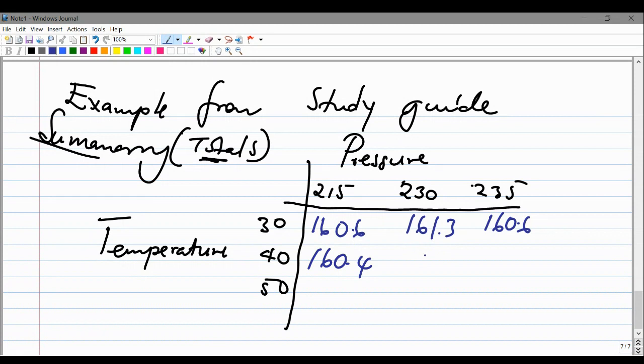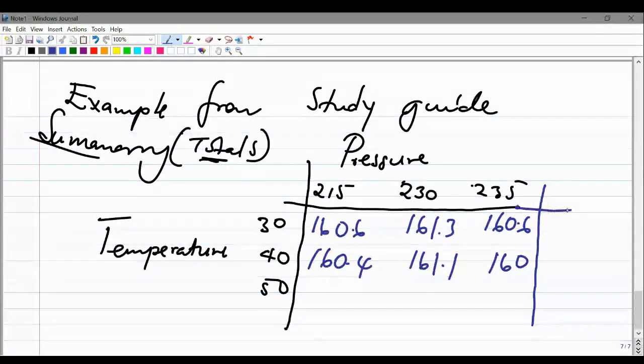Yes, continue, Christopher. 161.1. Can someone give us the final one? Christopher, in the meantime, find the totals for the temperature. Can someone give me the last row? 161.2.